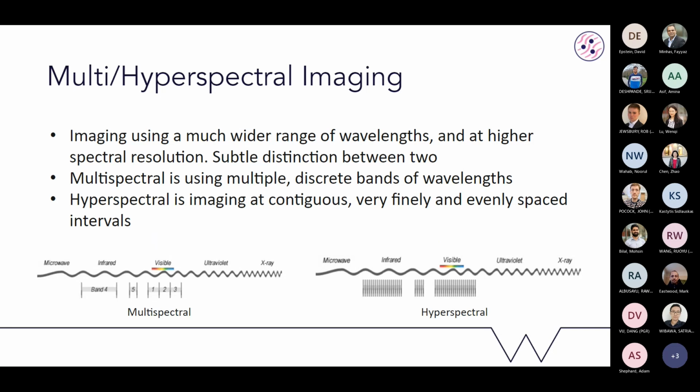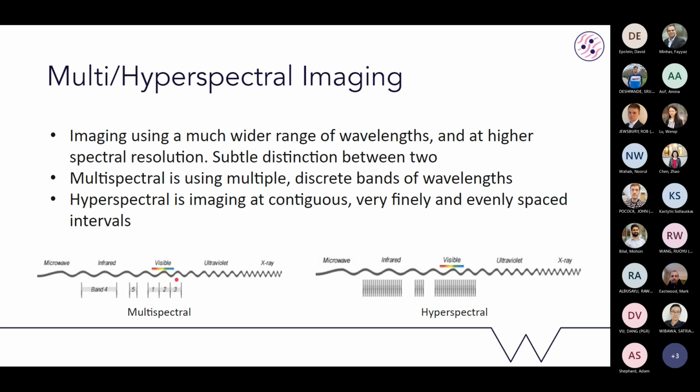So there's a subtle distinction between these two. They both involve using more bands of the EM spectrum, but multispectral is generally used to refer to the use of a few extra discrete bands. So there's an example down here.